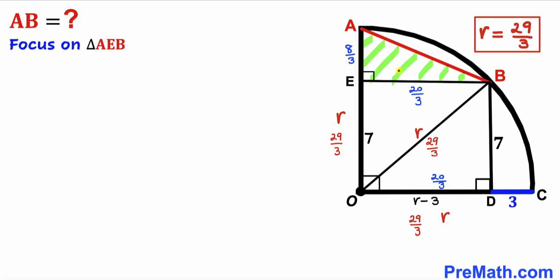And here's our next step. Let's focus on this right triangle AEB, and we are going to label this hypotenuse AB as lowercase x, and we are going to apply the Pythagorean theorem on this triangle to solve for lowercase x. And here's our Pythagorean theorem once again: a square plus b square equal to c square.